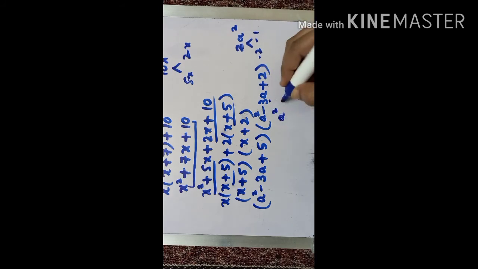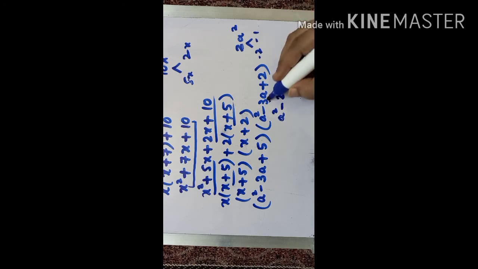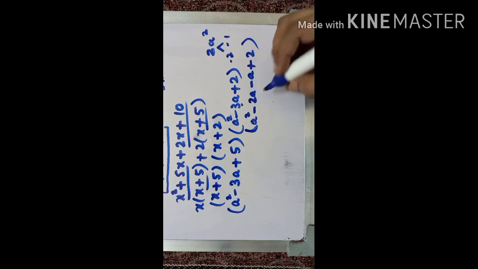A square minus 3a. Minus 3a, when we are splitting, we are getting minus 2a minus a. Minus 2a minus a will give you minus 3a. Then plus 2 as it is. So from here, let us take common.